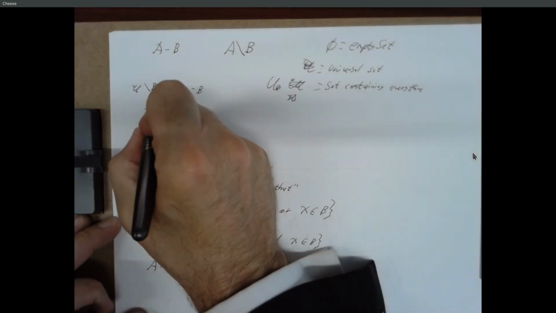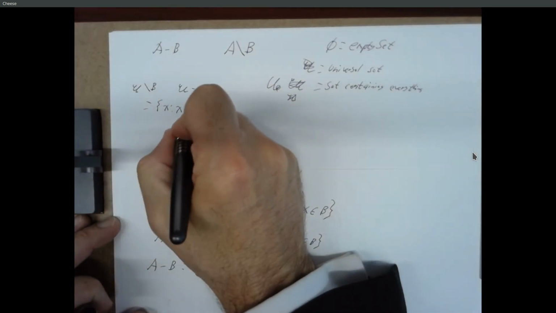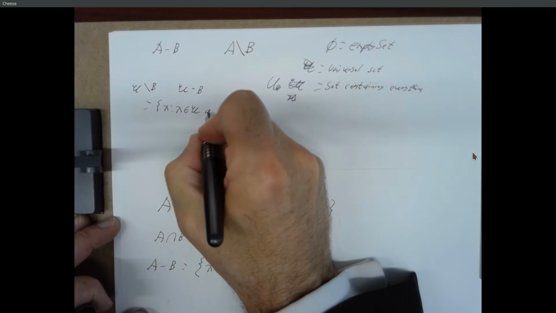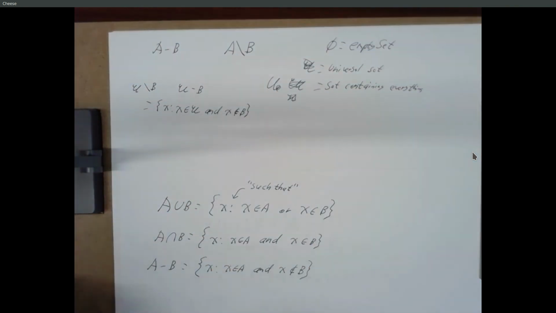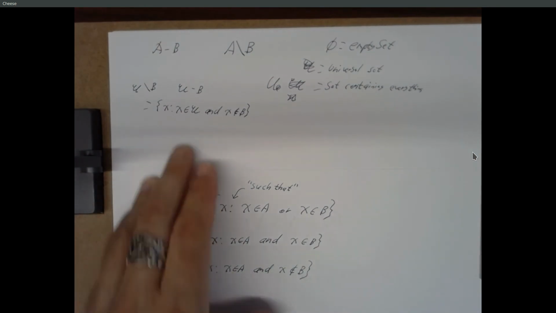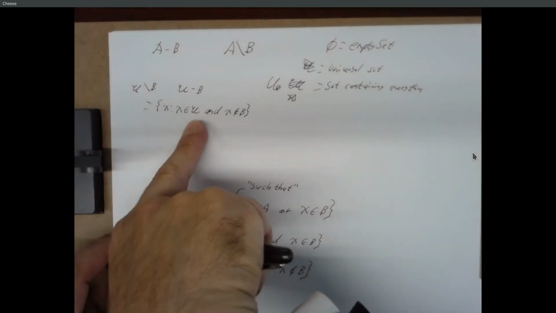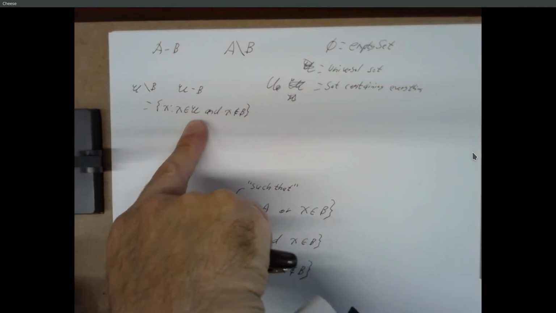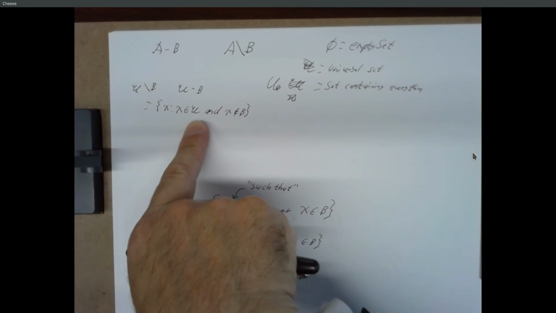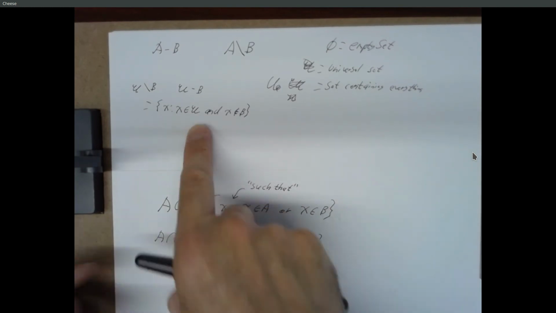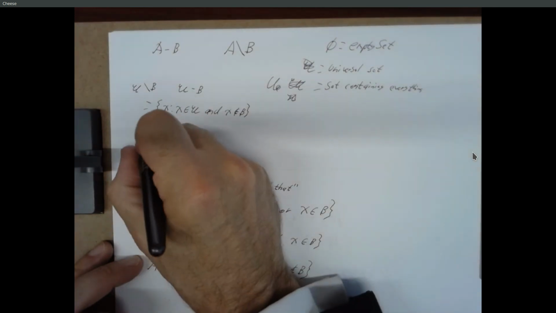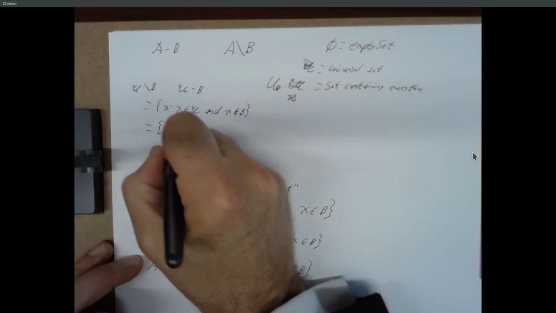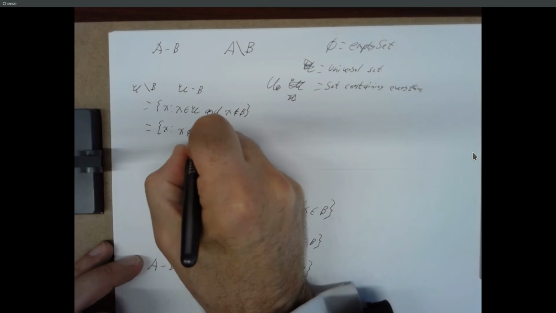This would be the set of all x such that x belongs to the universe and x is not in B. Well, if U is the universal set that contains everything, the set of all x such that x is contained in the universe doesn't really mean anything. That doesn't restrict anything, because x is always contained in the universe. That's what the universe is. So the universe take away B is really just the set of all x such that x is not an element of B.